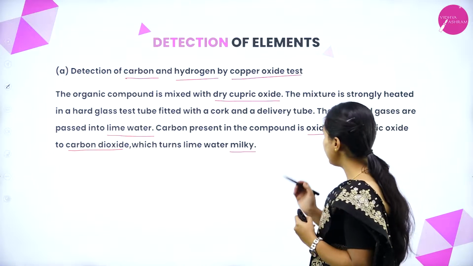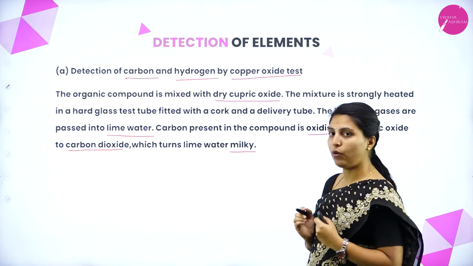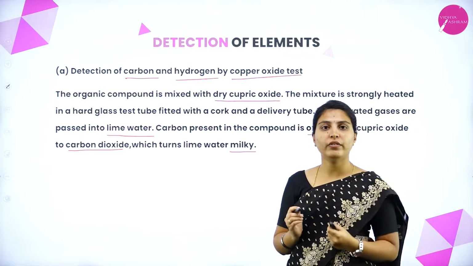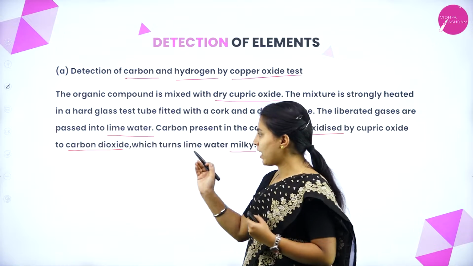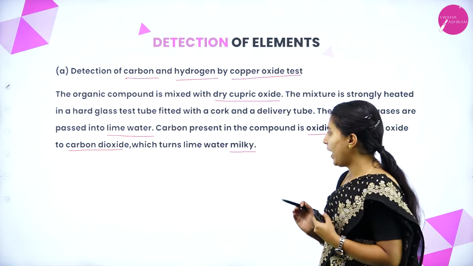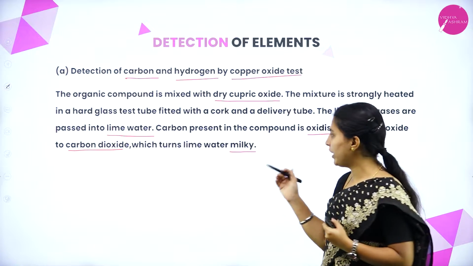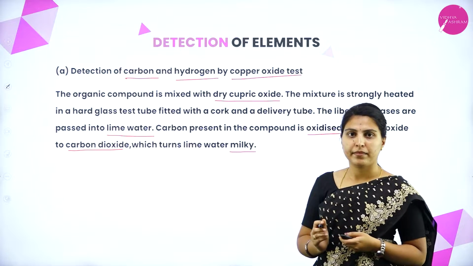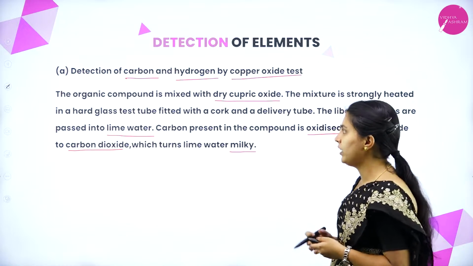Carbon present in the compound gets oxidized, forming carbon dioxide. What is oxidation? The addition of oxygen, right? So oxidation takes place, carbon dioxide forms, and the lime water in the other test tube turns milky.